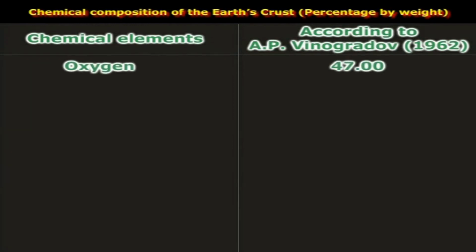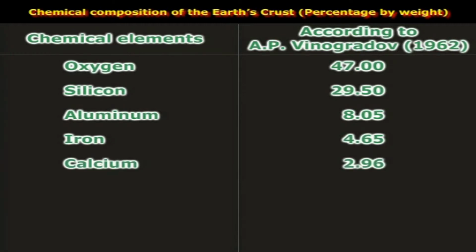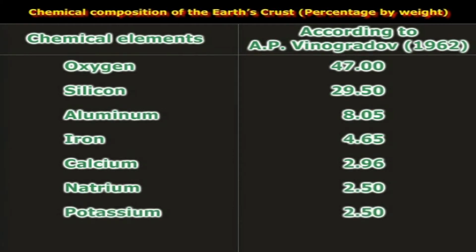Chemical elements like oxygen account for 47%, silicon accounts for 29.50%, aluminum accounts for 8.05%, iron accounts for 4.65%, calcium accounts for 2.96%, nitrogen accounts for 2.50%, potassium accounts for 2.50%, and magnesium accounts for 1.87%. All these chemical compositions of the Earth's crust are given as percentages by weight.